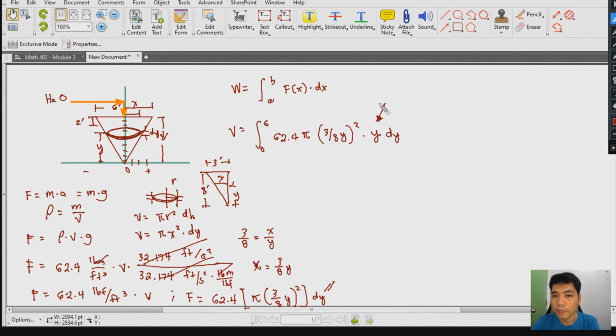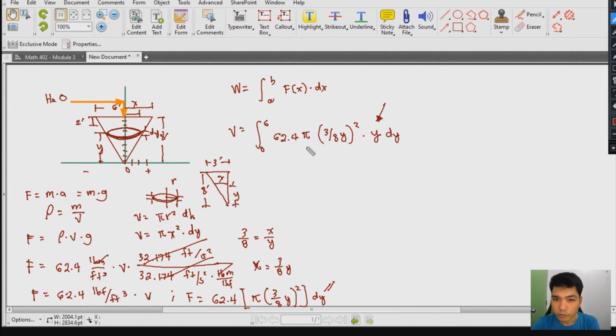Instead, we're trying to determine the volume of all the infinitesimal circular disks that can be generated from 0 to 6. So that's the concept of y here. When you're dealing with volumes, always incorporate the distance from the origin, or from wherever it starts. That's another thing that you have to remember.